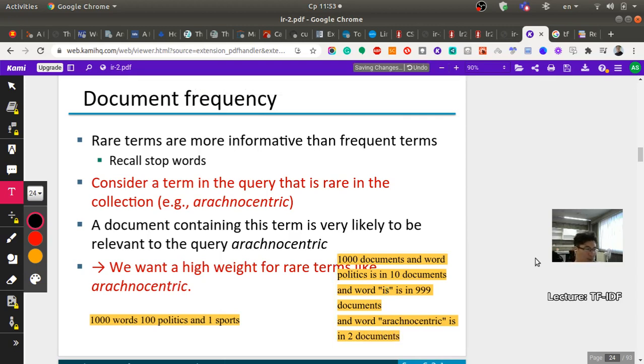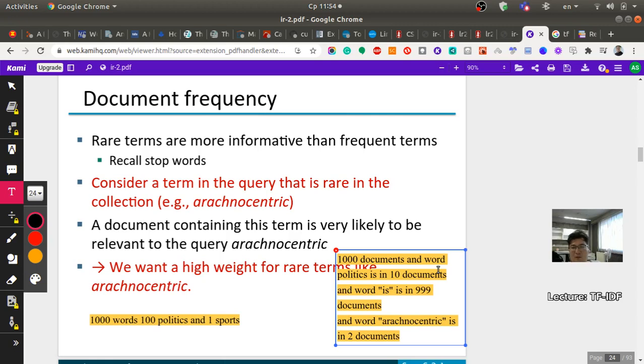So what we see from this case: for example, you have 10,000 documents, you know nothing about them, but you want to gain some insights. The word politics is in 10 documents and the word "is" is in 999 documents. What does it mean? It means that "is" is a very common word, so it doesn't give us anything about the document.